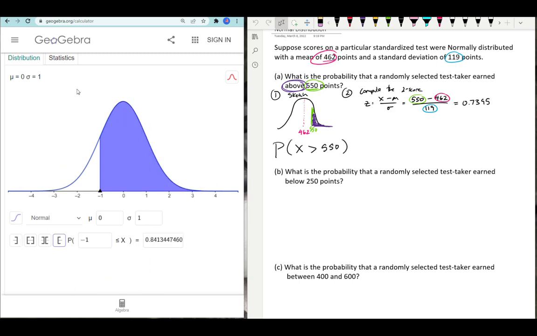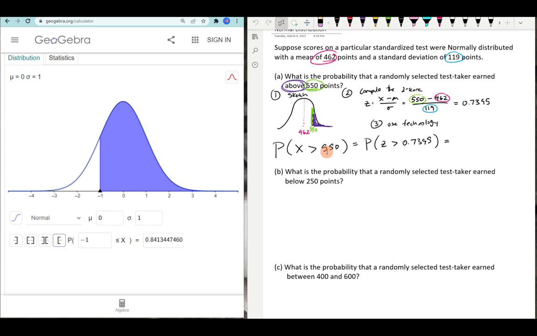So the z-score now is my guide to this probability. To be clear, finding the probability that a randomly selected test taker earned above 550 points is the same as finding the probability that my z-score is greater than 0.7395.